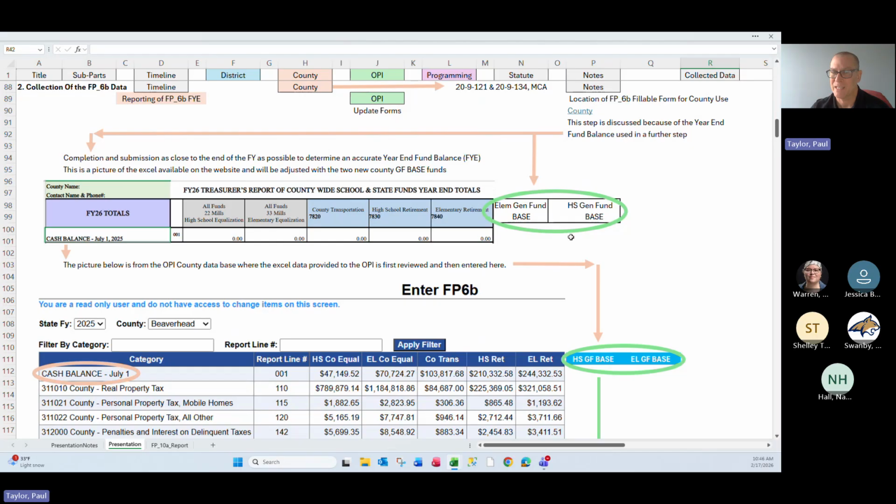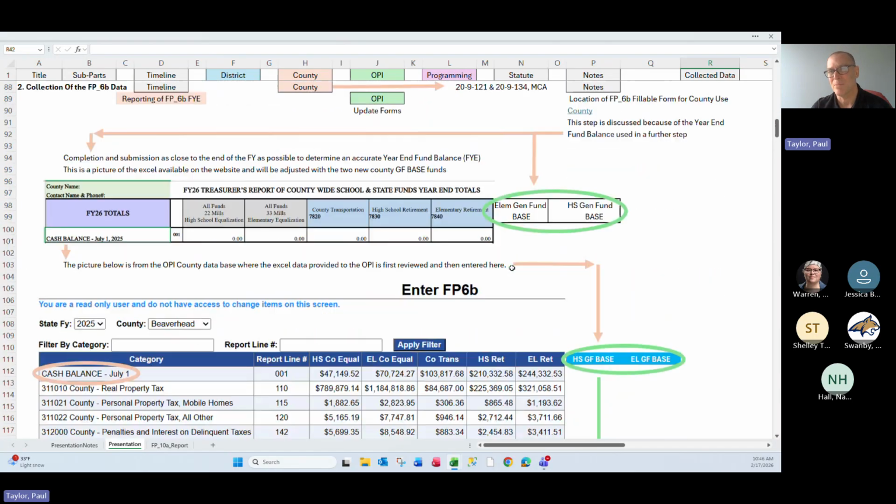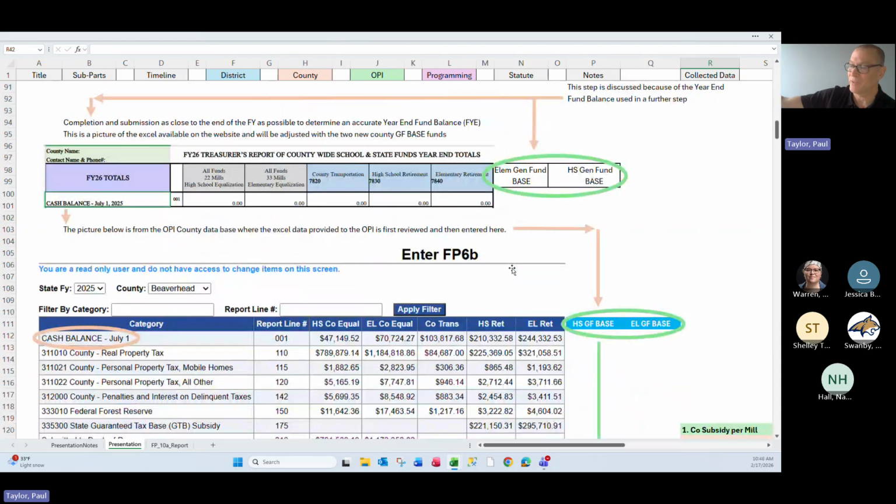Statute allows for that. A county's ending fund balance has to go forward to help fund the next year's budget. And if you're going to use ending fund balance to fund next year's budget, the county won't need to mill quite so many mills. And that would lower the number of mills needed. And therefore, the subsidy per mill will be based on the number of mills levied. So that's why this is being brought up and discussed a little bit.